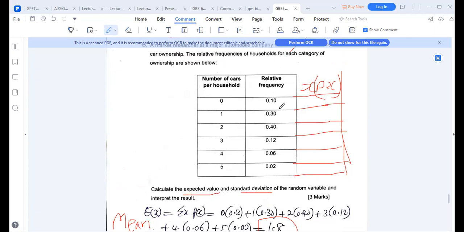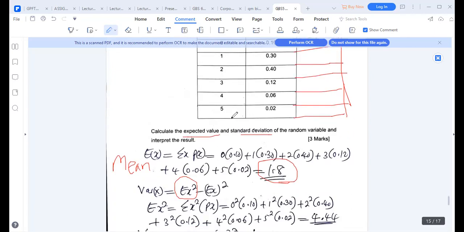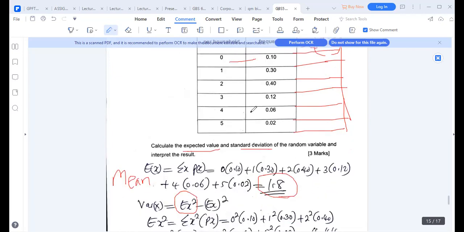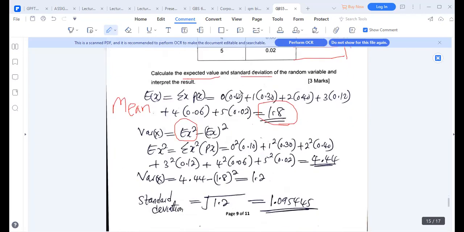So this is how this question came in. So x square on probability of x, 0 on that. The summation of each, we are just squaring x at a time. So you're getting the figure as 4.44, which is not the variance. So the variance therefore is equal to 4.44 minus 1.8 square.